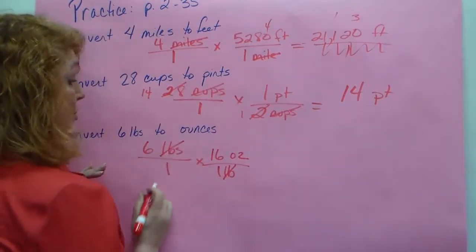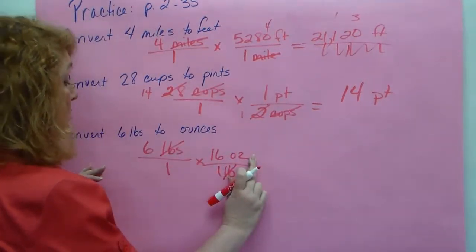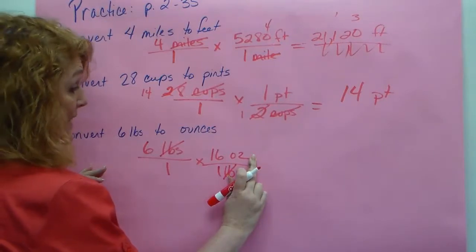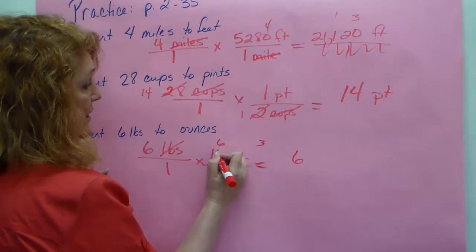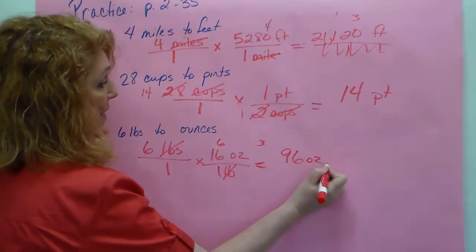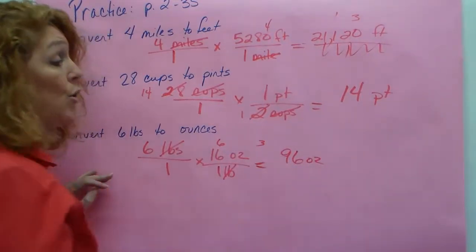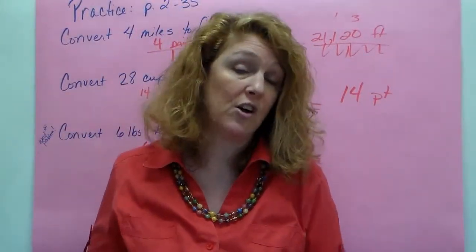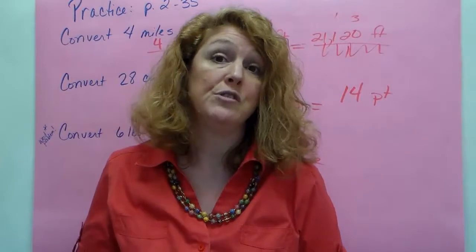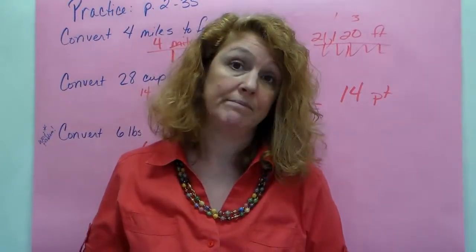So my pounds cross-cancel. And I'm going to multiply 6 times 16. 6 times 6 is 36, and 6 times 10 is 60, so that's 96 ounces. So the question is, is this enough for a recipe that calls for 100 ounces? No, it's not. You still need 4 ounces of chocolate.